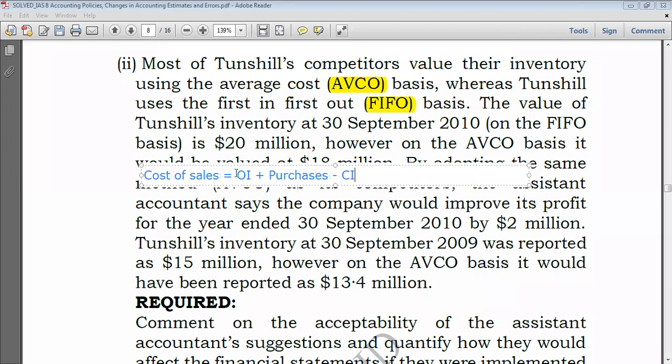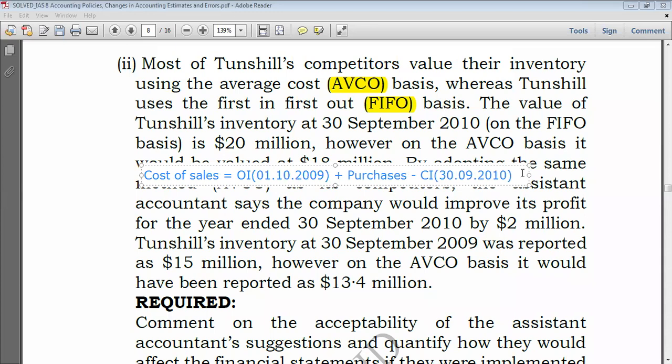Now, the closing inventory is at the end of the year, and our year ends at 30 September 2010, right? What about the opening inventory? The year starts on 1st October 2009. Are we together? This is what the real situation is.